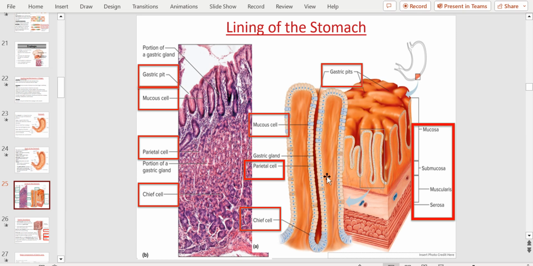You'll see what's going on here: there's your mucus cells, parietal cells, chief cells. There are your mucus cells, there are your parietal cells, these guys in here, and here are your chief cells. We're going to hit those right now.